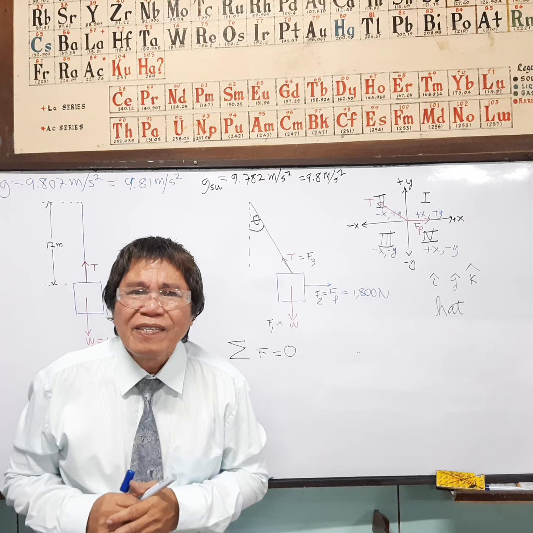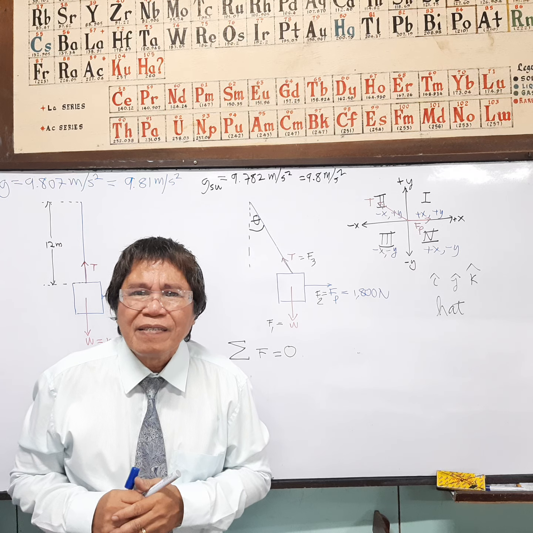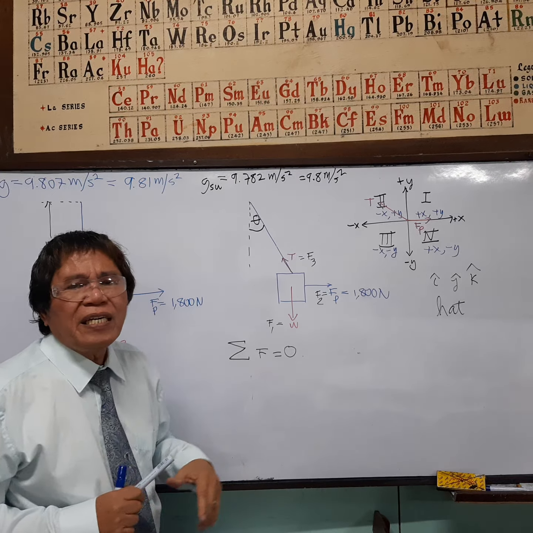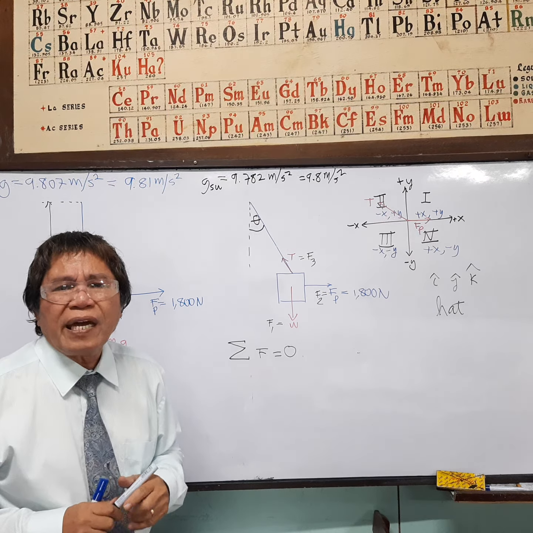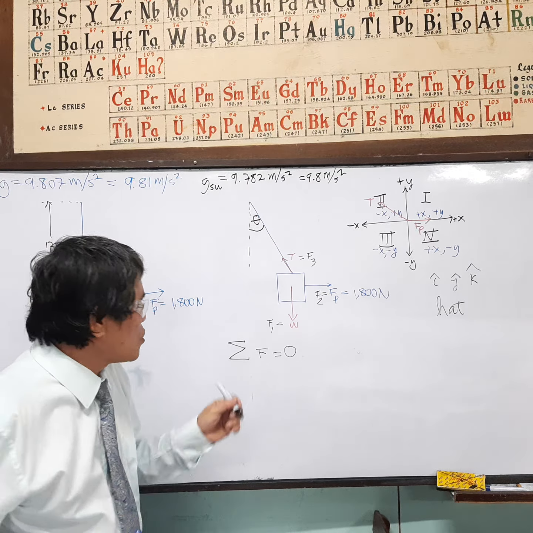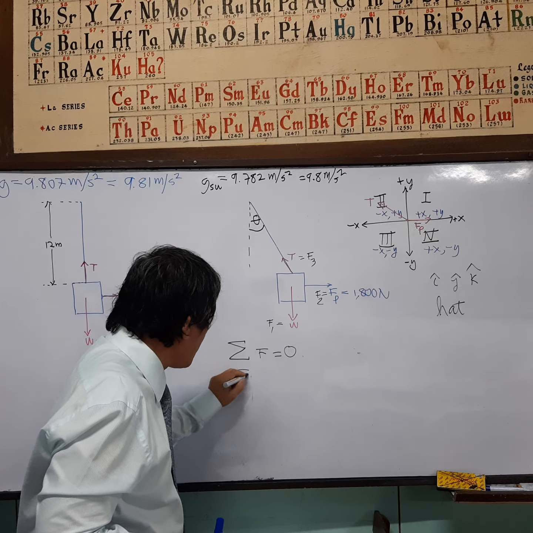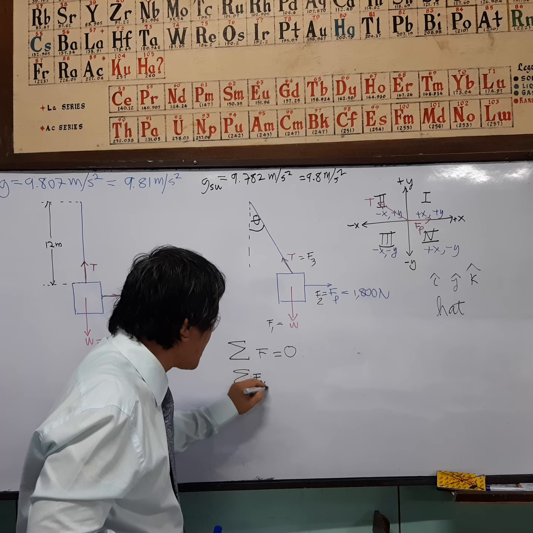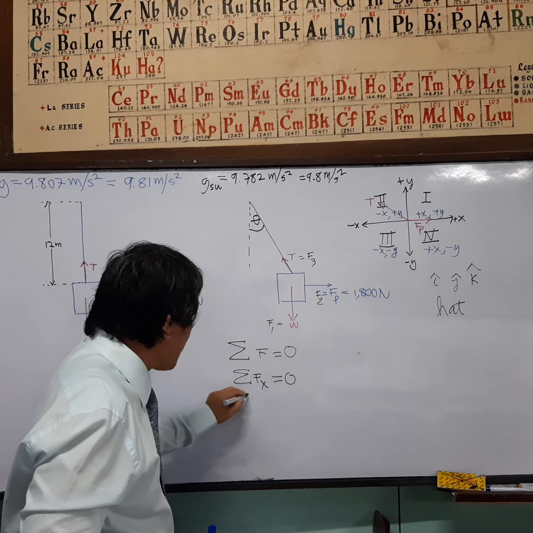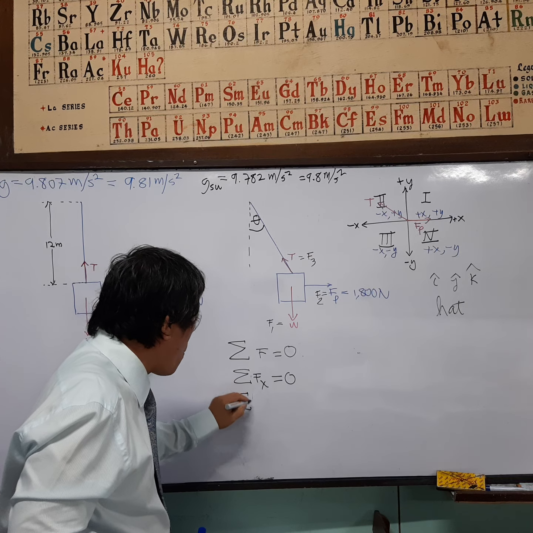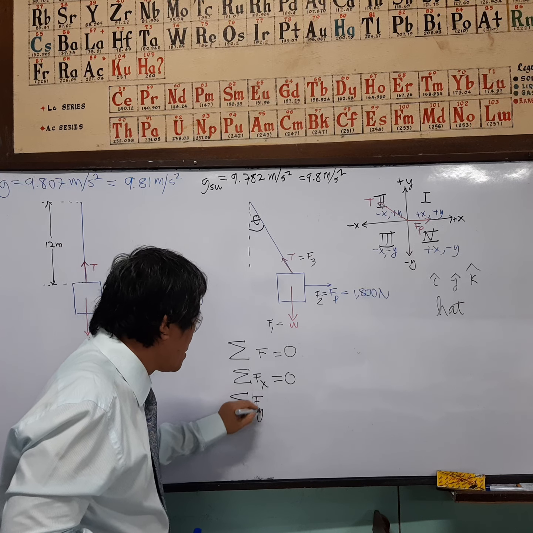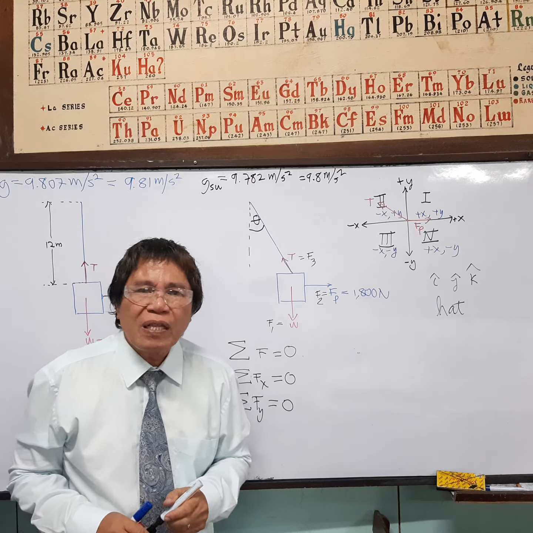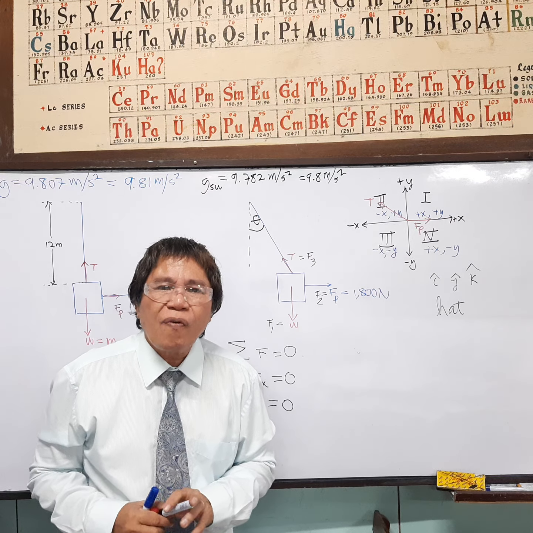Okay? Now, the forces here involve X and Y components. So we have summation of the X components equals 0. Summation of the Y components equals 0. We have here a perfect equilibrium in terms of forces.